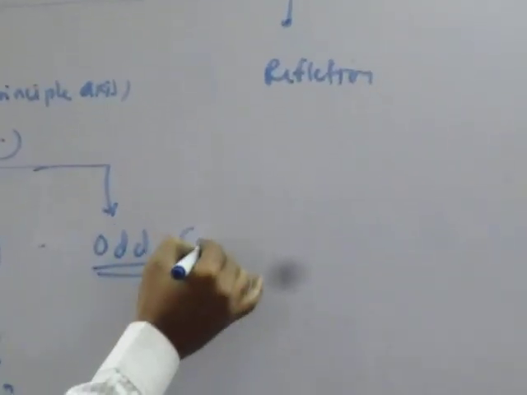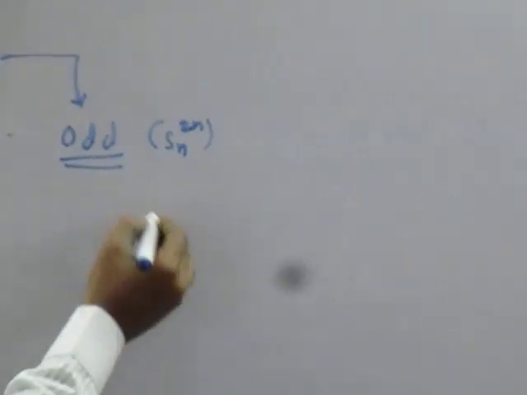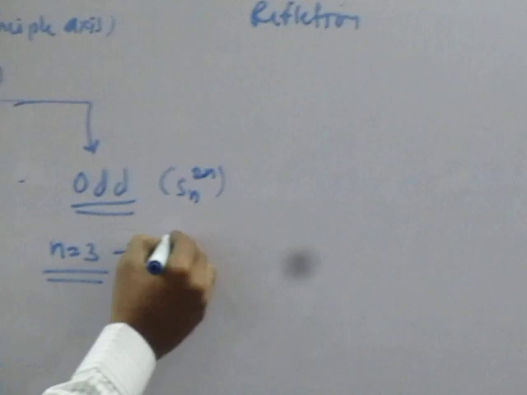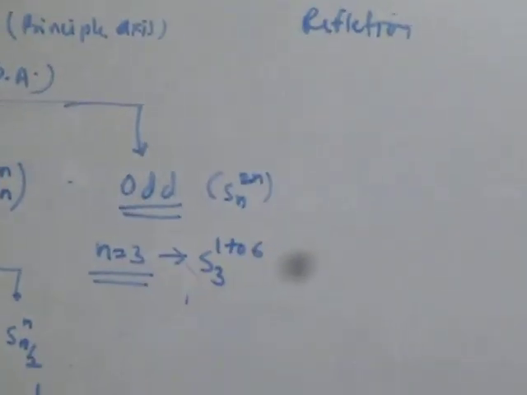Then in the case of an odd axis of rotation, it is Sn of twice n. We define odd values: for n equal to 3, that is S3 of 1 to 6.